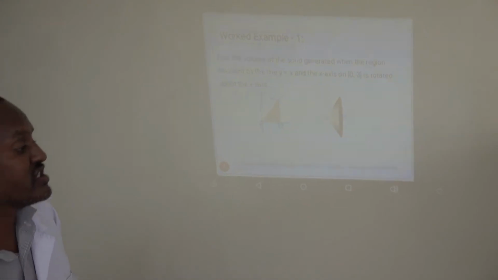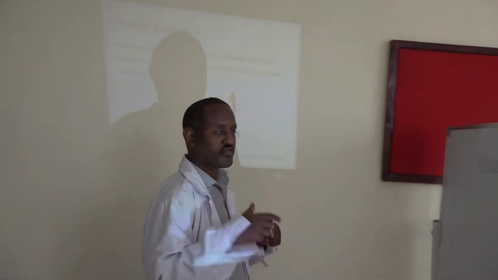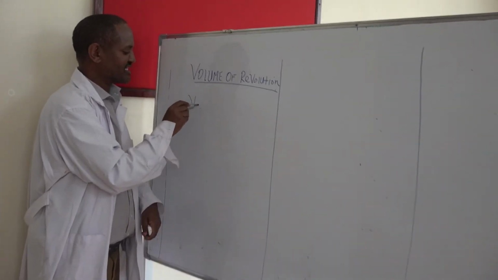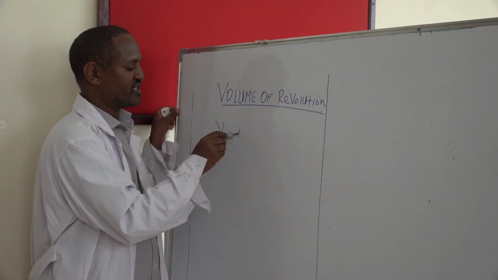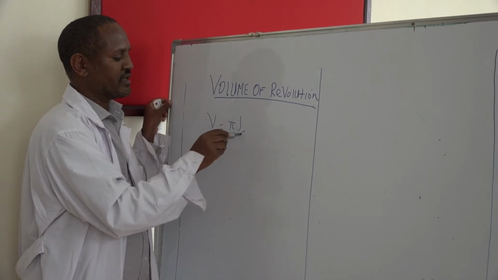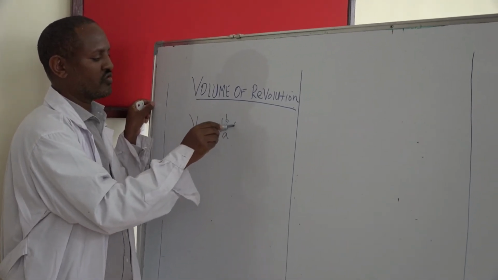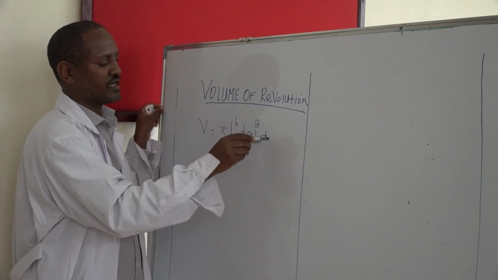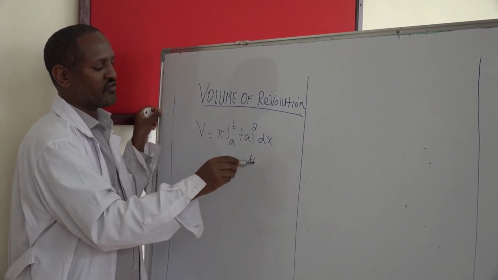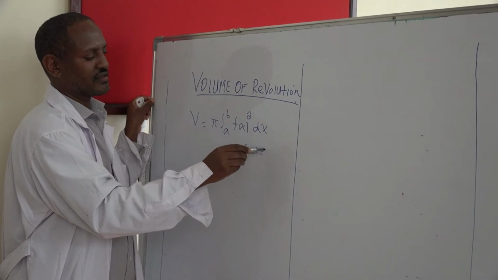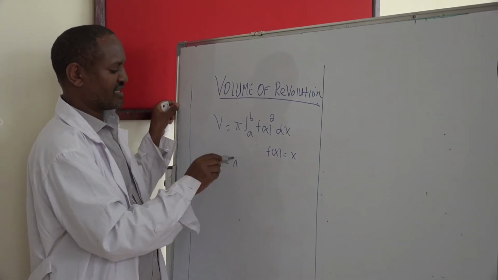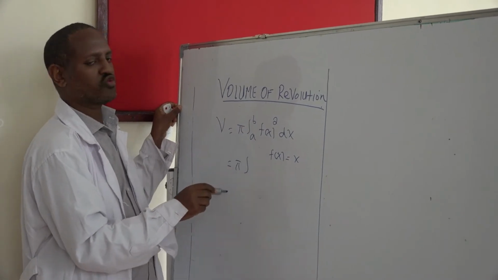Now, as I have mentioned before, volume of revolution about the x-axis is given by the formula pi integral from a to b of f of x the whole square dx. Our f of x is x. Now we'll have pi times the integral from a to b.